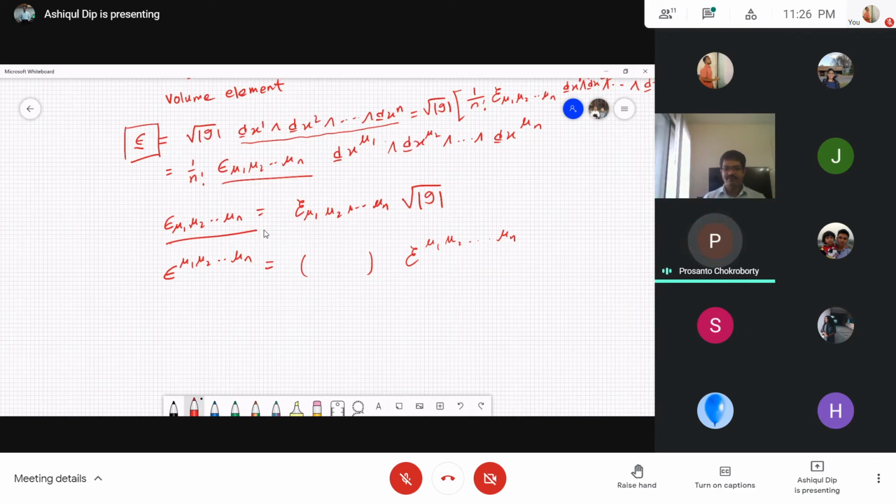We had an uppering and lowering indices relation. Yes, we have an uppering and lowering relation for tensors, right? For epsilon as a tensor, we can raise and lower indices systematically.